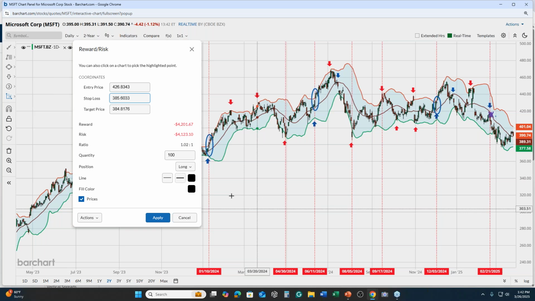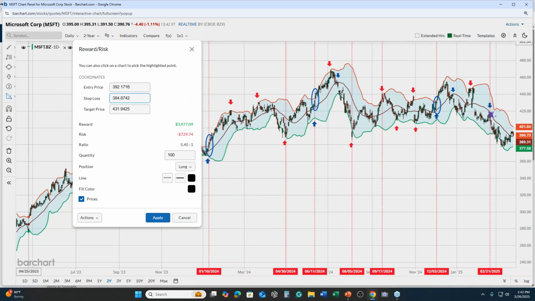I have to fix my stop here, and my entry was down here. So you can see this one was a nice 5-to-1 trade that worked out.